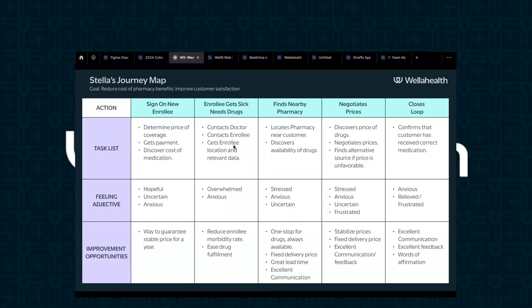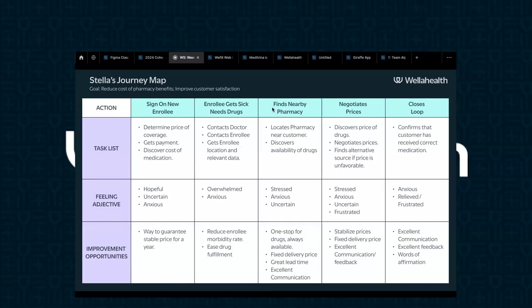Now, there's also getting the enrollee's location and relevant data. Is it possible that we can find a way to help the pharmacists get the enrollee's location very easily? Is it possible that we can make it such that they don't even need to do this in the first place? So this is just, as I said, if you understand the problem and understand the user, the seed to the solution is right in there.